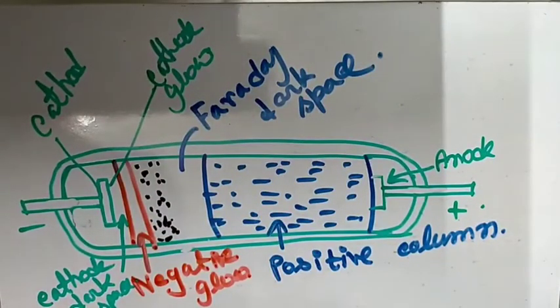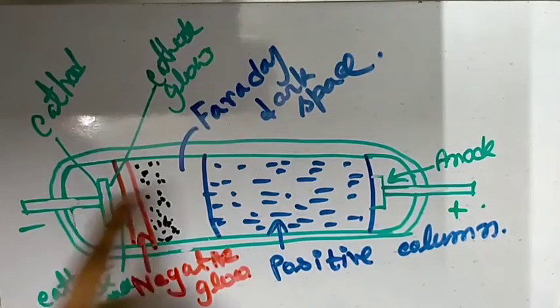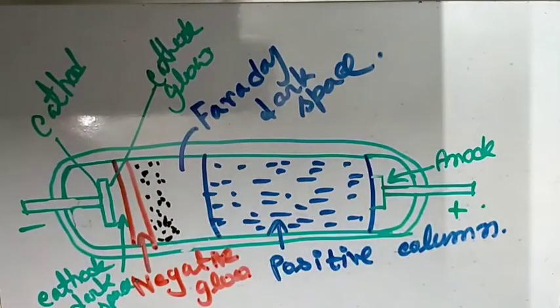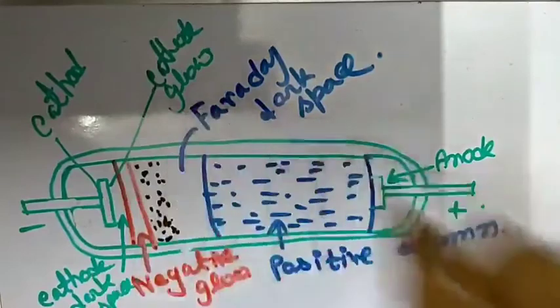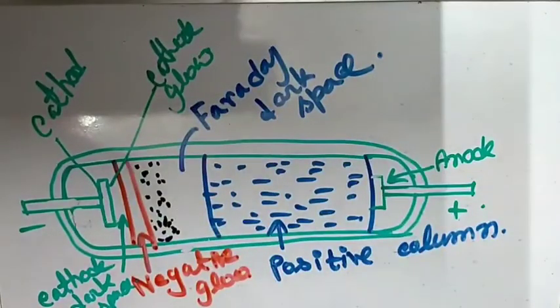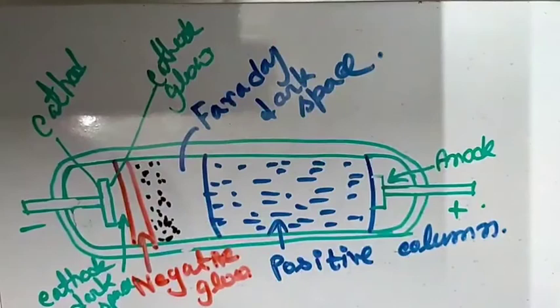So when an electric current flows between electrodes in a gas at approximately 1 mm pressure, the cathode glow is produced very close to the cathode, followed by the cathode dark space, Faraday's dark space, and the luminous positive column.